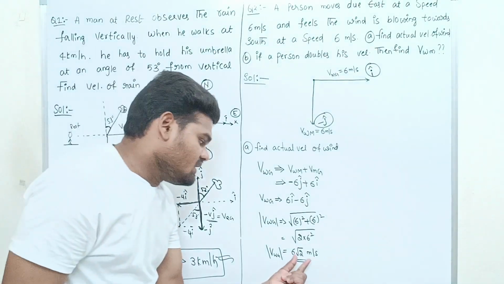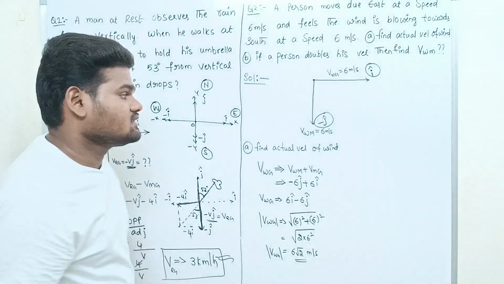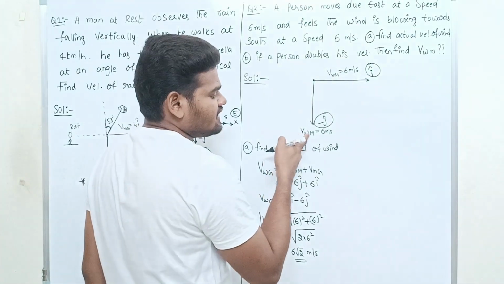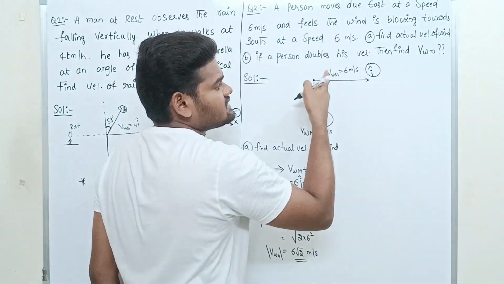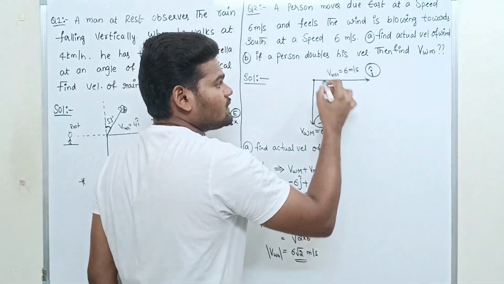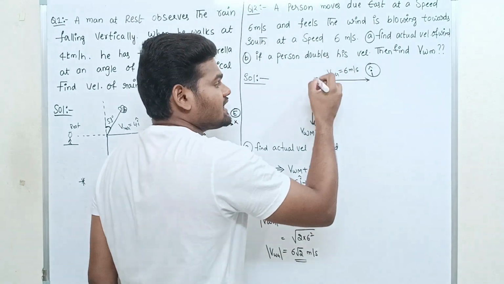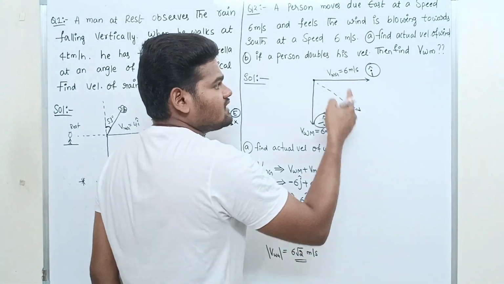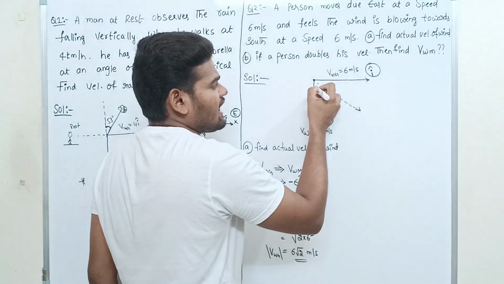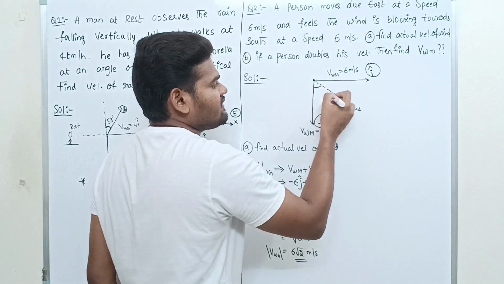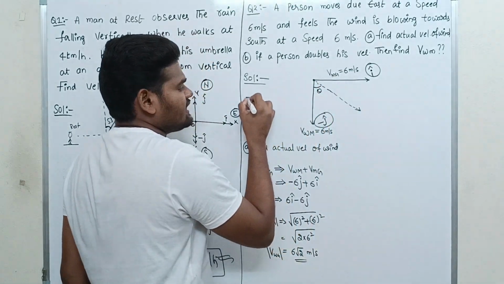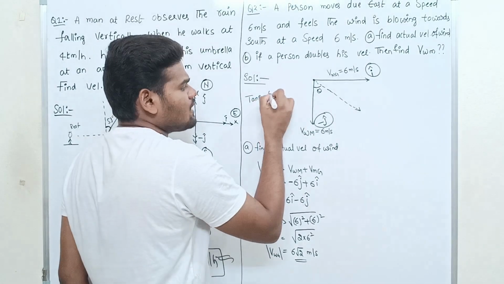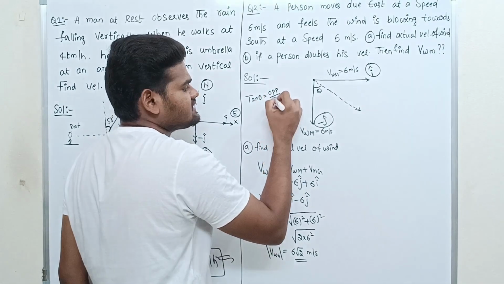If they ask like this, in which direction is it blowing? Have a look. This is the velocity of wind with respect to man, and this is the velocity of man with respect to ground. From the parallelogram of vectors, the resultant is in this direction. This is 6, this is 6, and the angle made with the vertical is theta. So tan theta is opposite side by adjacent side.